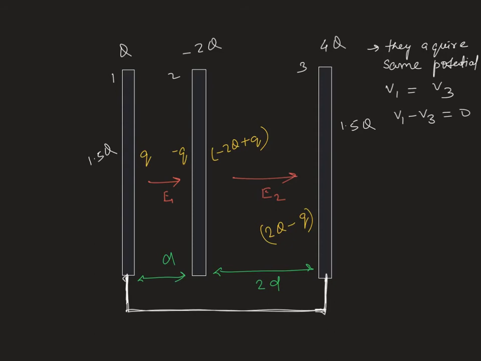The field E1 is only due to the charges plus q and minus q, and this you can remember on face value basis. If I have two plates, no matter what the charges are outside, the field inside will only be due to q and minus q.